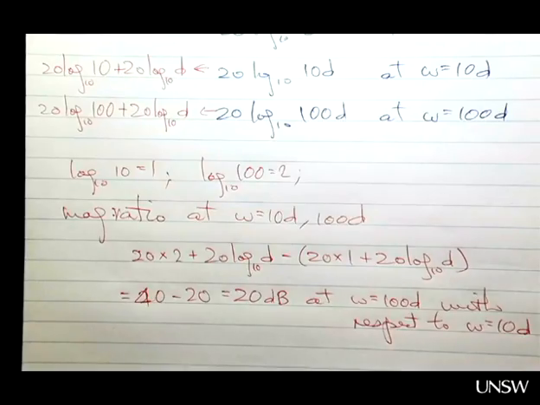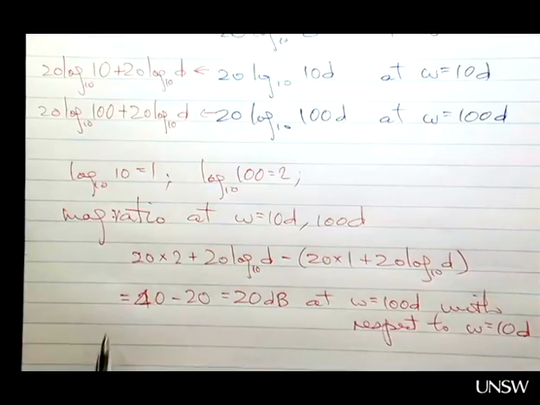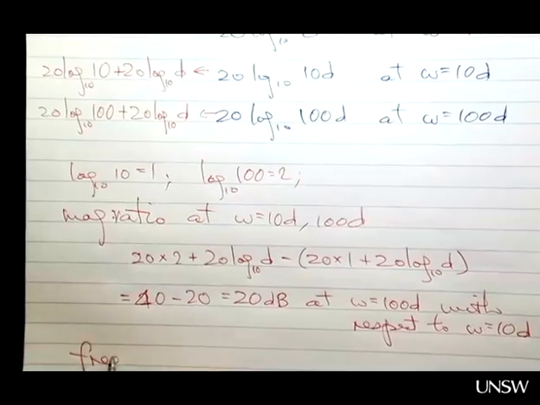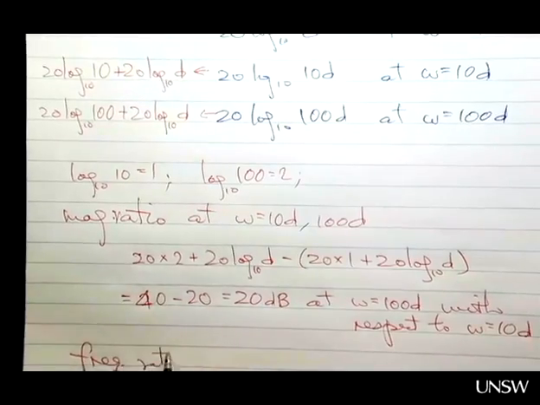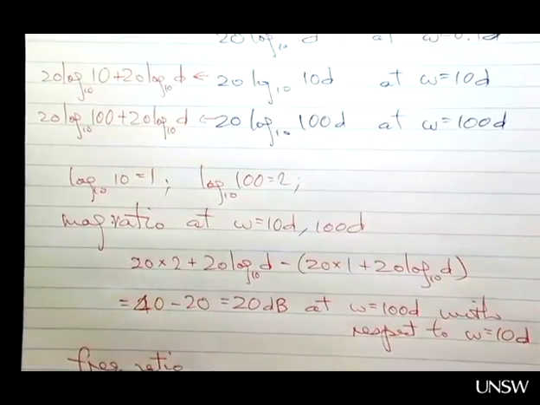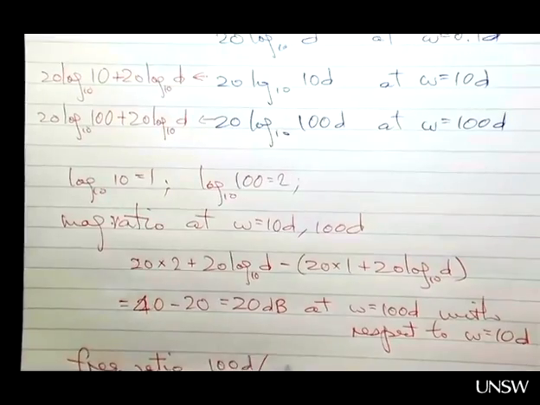So the frequency ratio of 100d to 10d, we call it a decade. So it is 10 times.